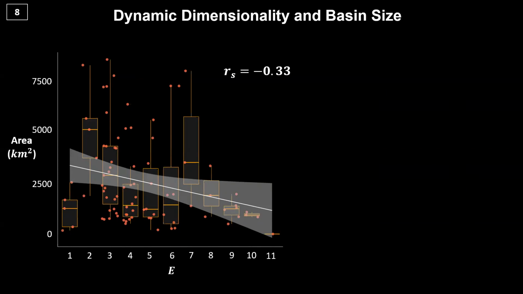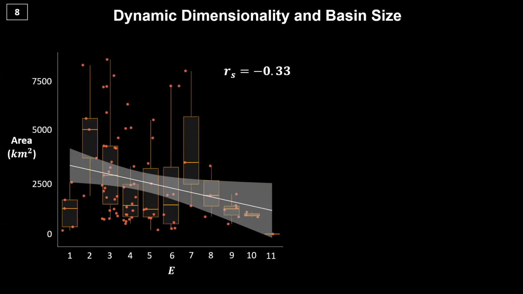And our interpretation of this relationship is that larger basins are more effective in filtering and smoothing the heterogeneities within the basin. As a result, the number of active degrees of freedom is subdued, and we are left with only a very low number of active degrees of freedom.